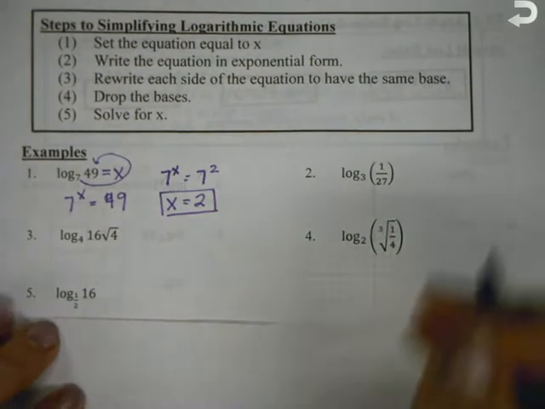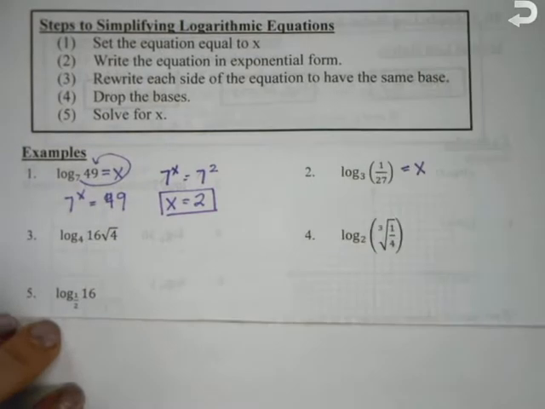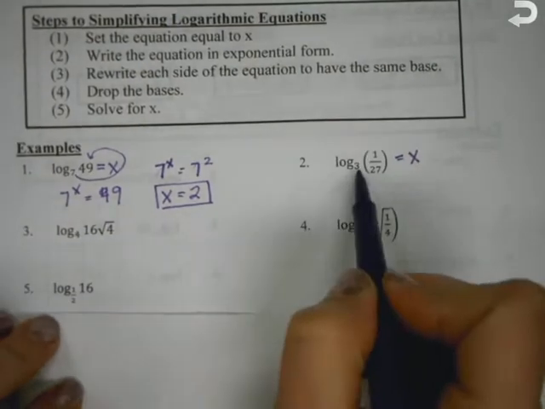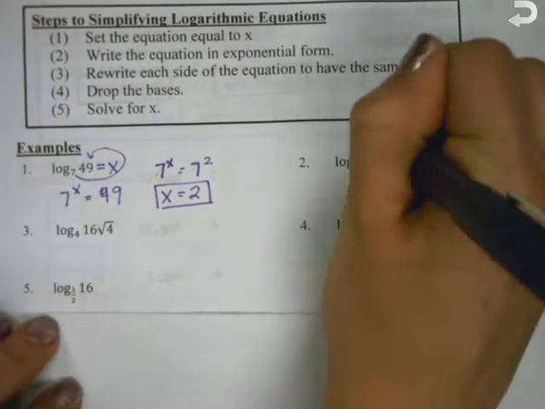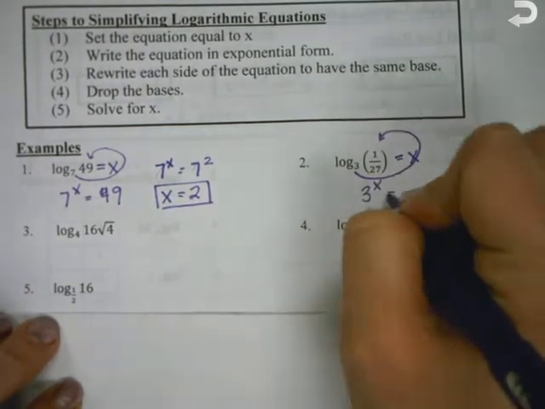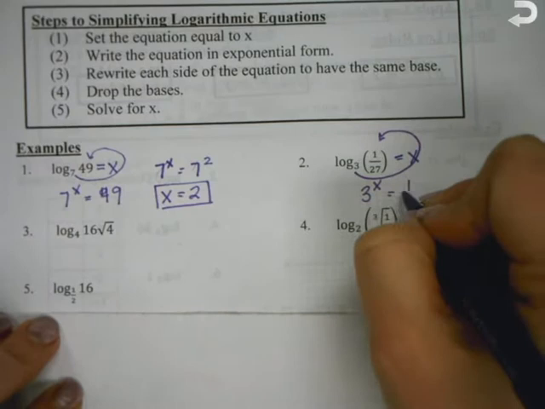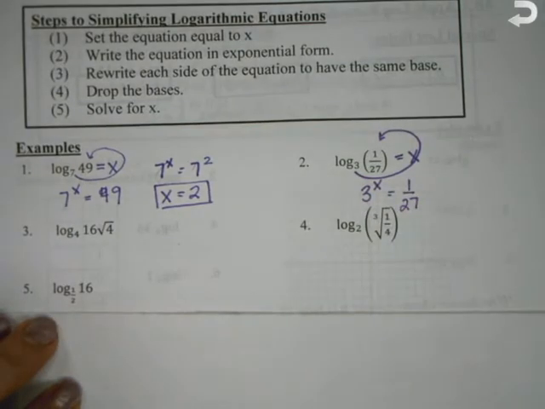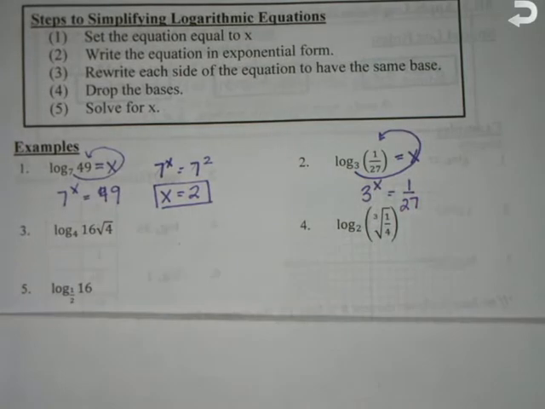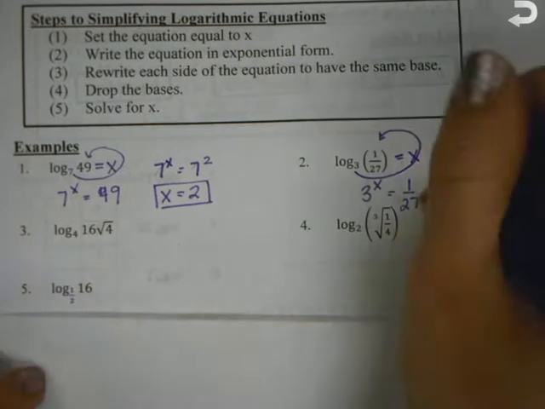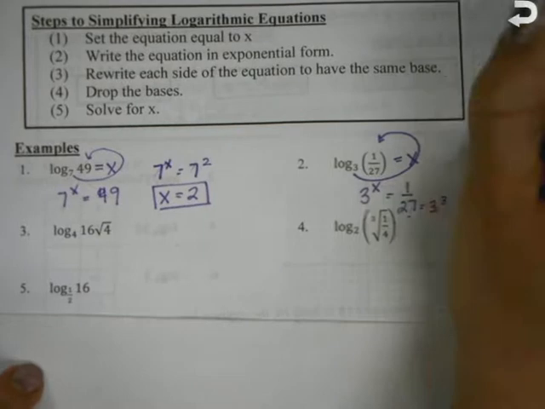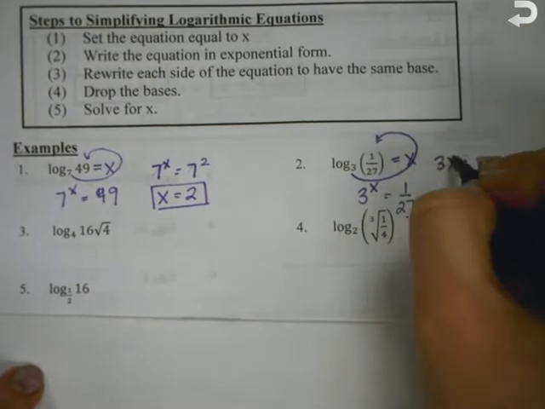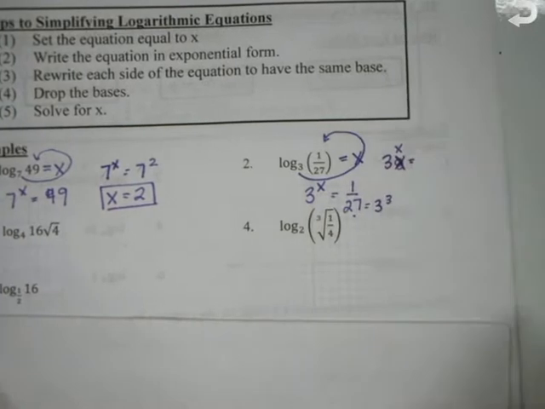So number 2, same thing. We set the whole thing equal to x. So we have log base 3 of 1 over 27 equals x. We go around. So 3 to the x equals 1 over 27. Okay. So what's my base going to be here? 3, right? 27 is 3 to the third, but we need to bring it up top, so that's going to be 3 to the x equals 3 to the negative third.